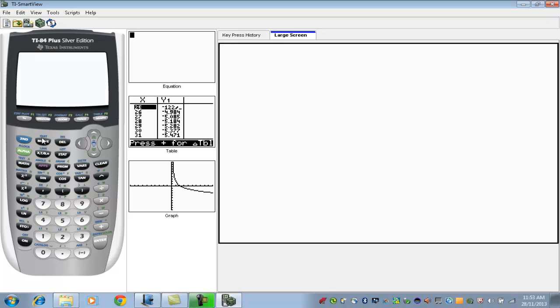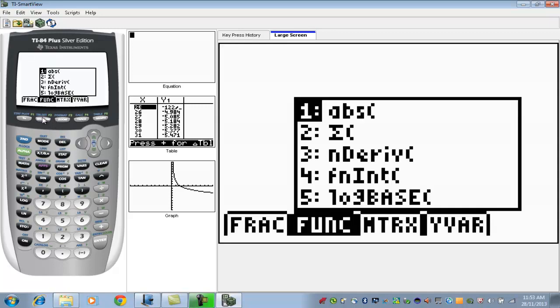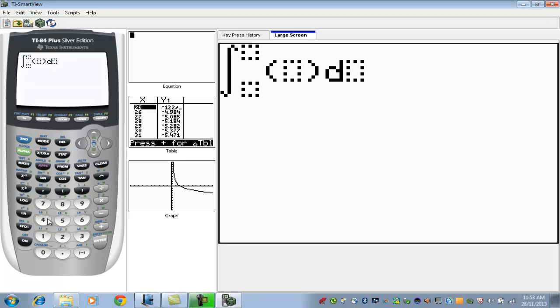Step 3, press alpha window. Essentially, you are calling the function f2. So click onto number 4, which you can see function integration. Key in the lower limit, for upper limit 9.